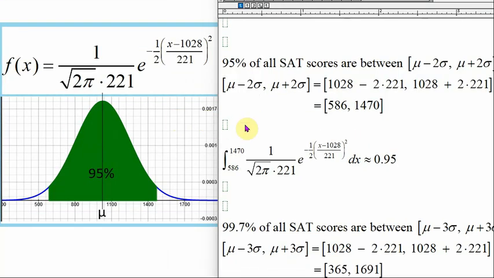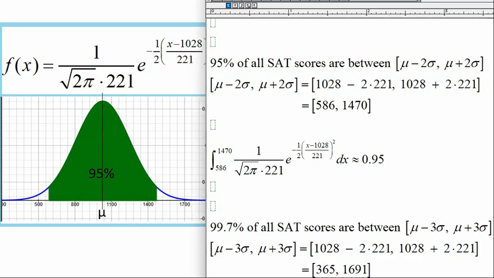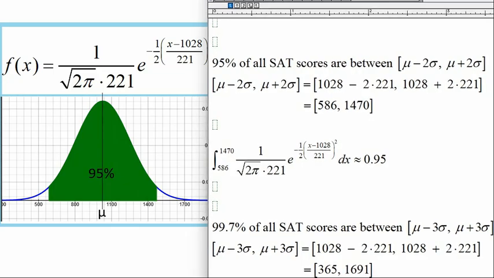The empirical rule also says that about 95% of all SAT scores are between mu minus 2 sigma and mu plus 2 sigma. And so in this case, it'd be 1028 minus 2 times 221, and 1028 plus 2 times 221, or 586 and 1470.